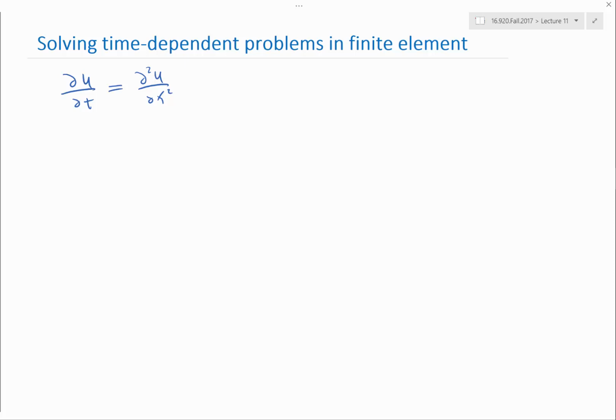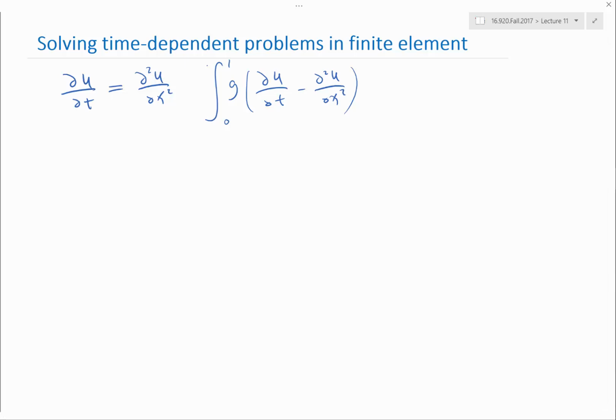The way we do it is pretty simple. You just take du/dt minus d squared u/dx squared, multiply with the test function g, which is now a function of space and time, and integrate it in space. Sorry, let's just integrate it in space.